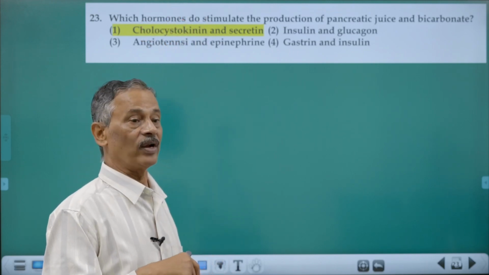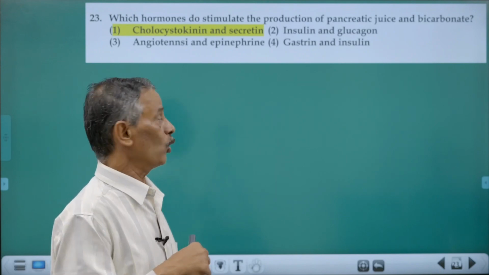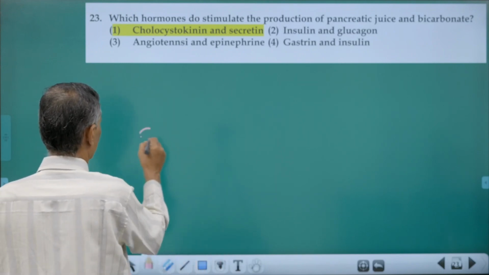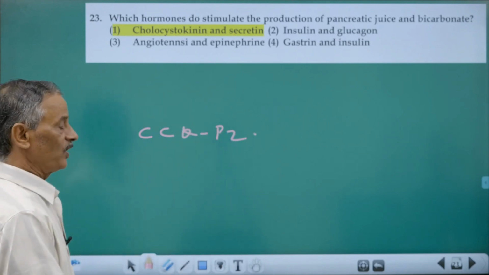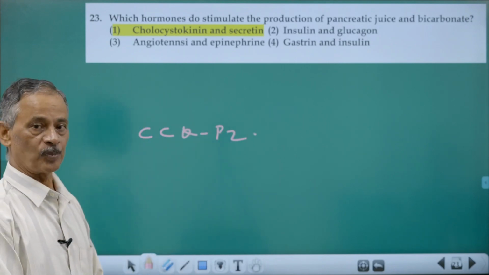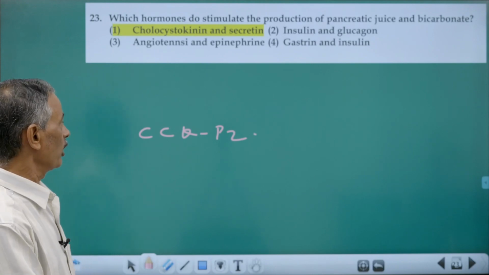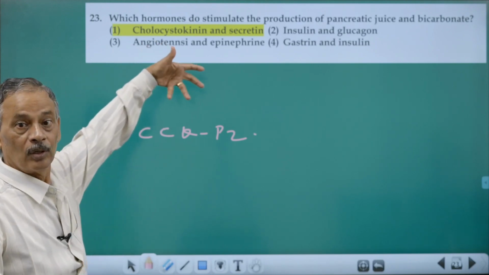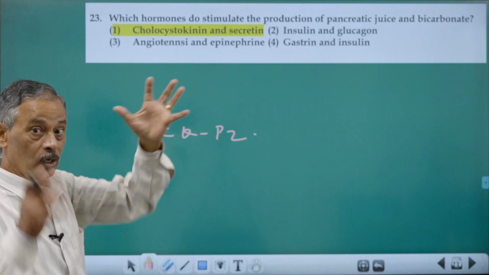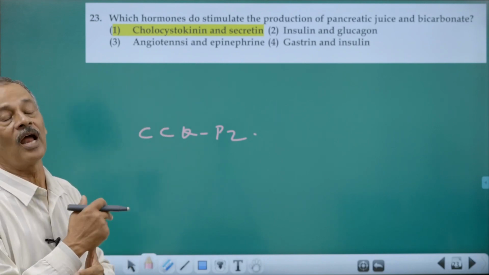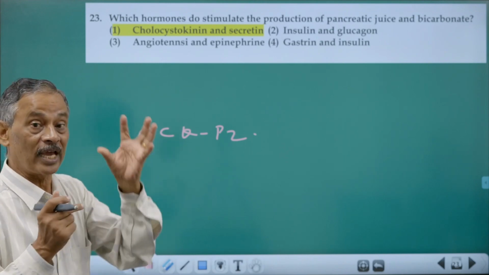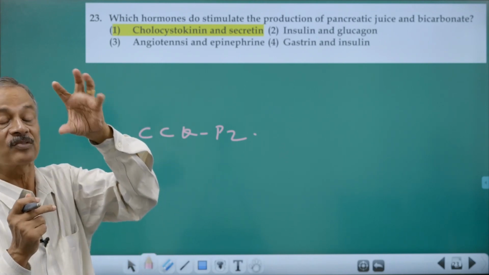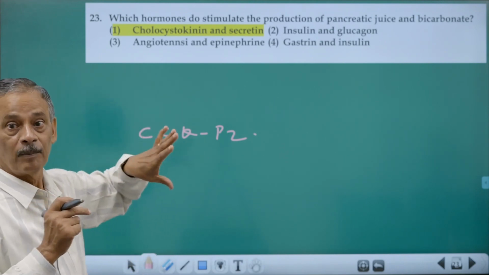Then the second one is pancreozymin-cholecystokinin, CCK-PZ. CCK-PZ are produced by special cells of the duodenum. CCK acts on the gallbladder, so that the gallbladder contracts, emptying the bladder.